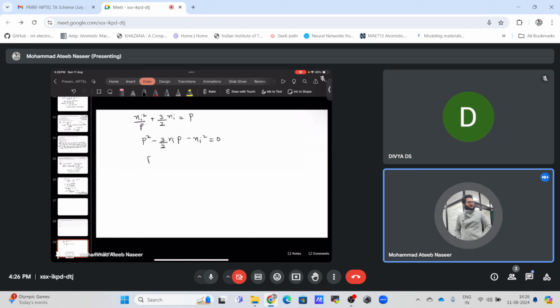The concentration cannot be negative, so we will take only the positive root. So it will be 3 by 2 Ni plus the square root of 9 by 4 Ni square plus 4 Ni square, divided by 2.